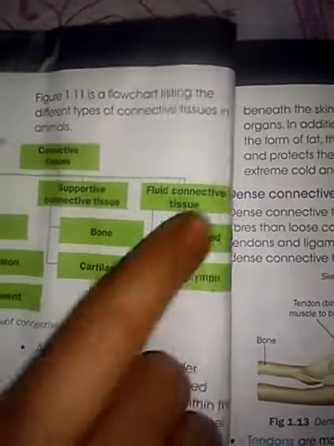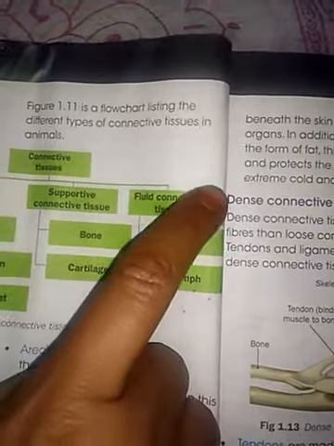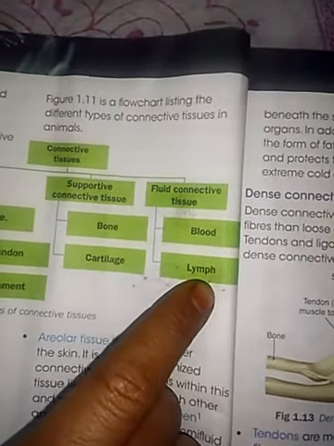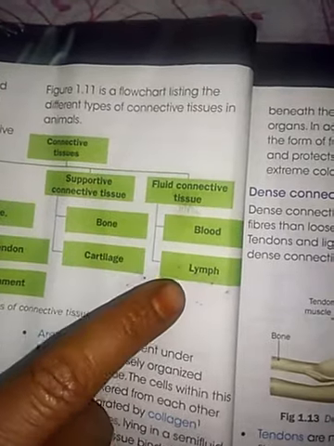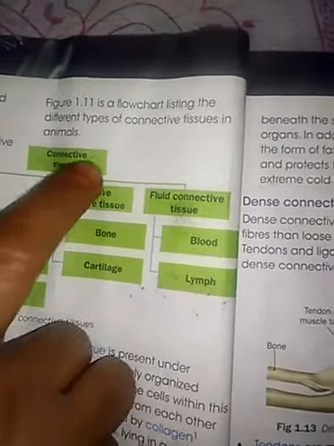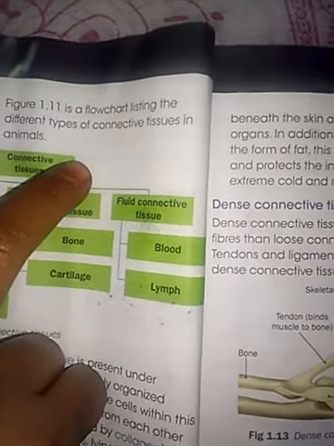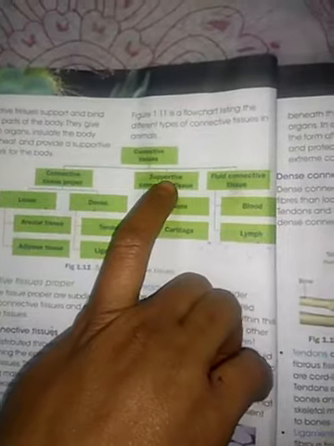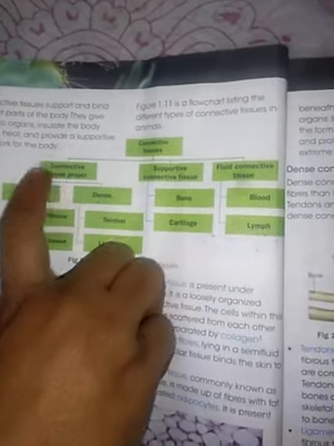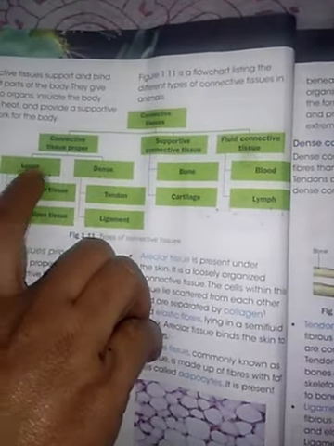Last one, fluid connective tissues are divided into two types, that is blood and lymph. Students listen, connective tissues are of three types, that is connective tissue proper, supportive connective tissue, and fluid connective tissue. Connective tissue proper is subdivided into two, that is loose and then dense.